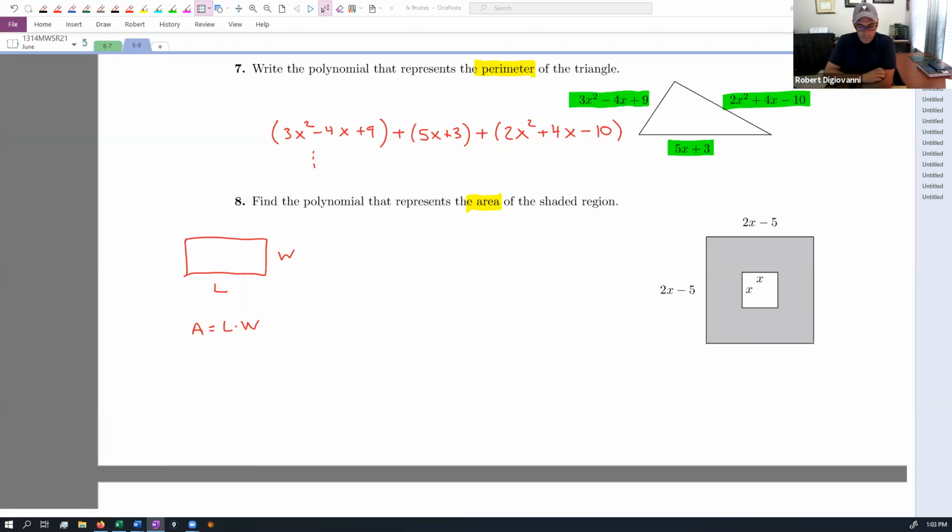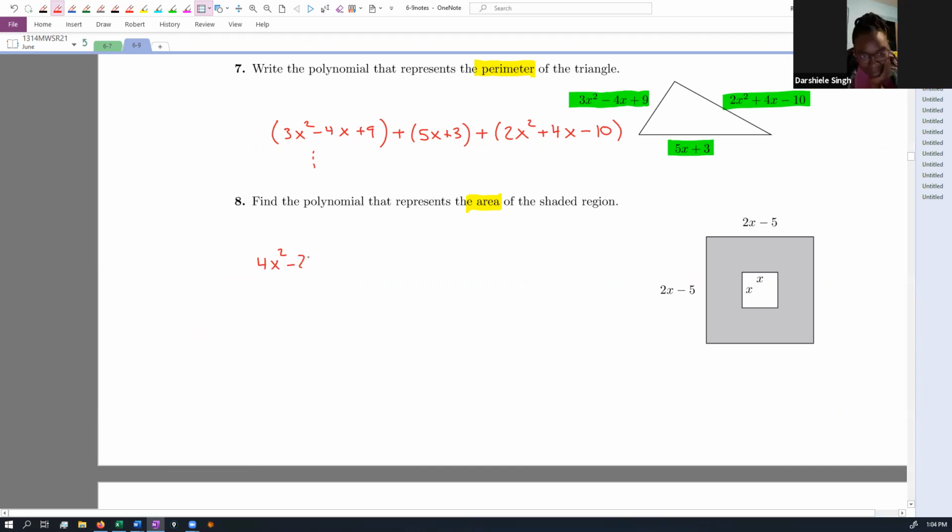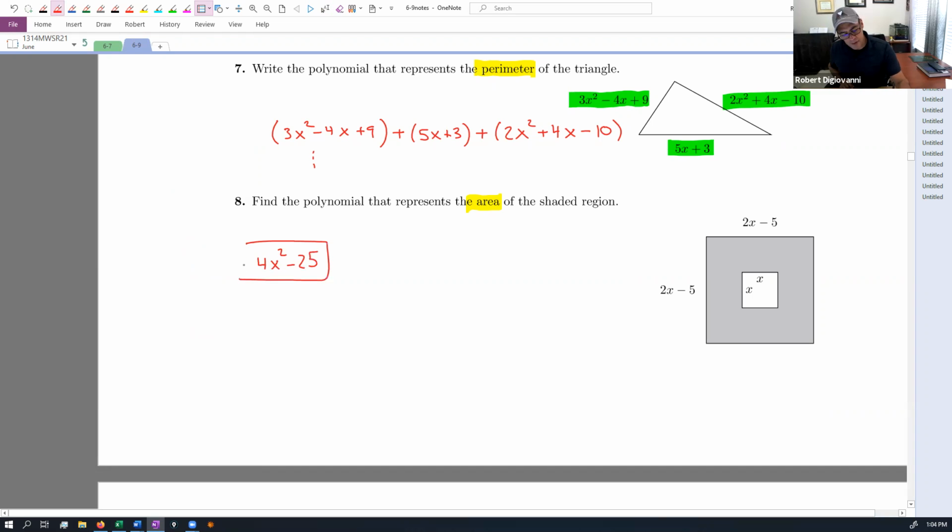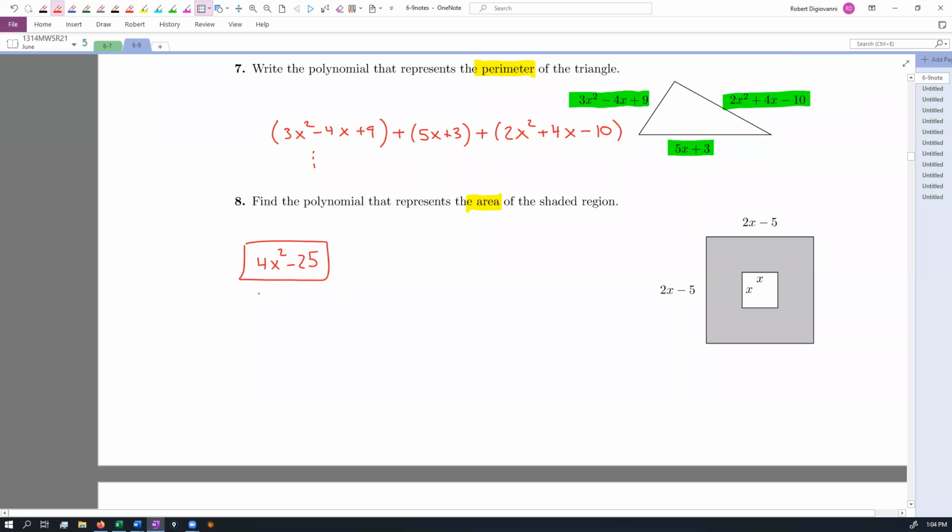All right. Somebody get it? Want to go out on a limb? I don't know if it's right, but what do you got? You got to take a swing, right? You never hit a home run unless you take a swing. Yeah, I got 4x squared minus 25. Okay, let's see if that's it. Somebody get something else? Yeah, I got 2x squared minus 20 plus 25.